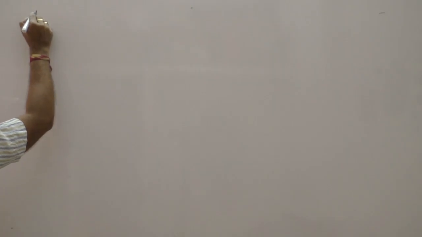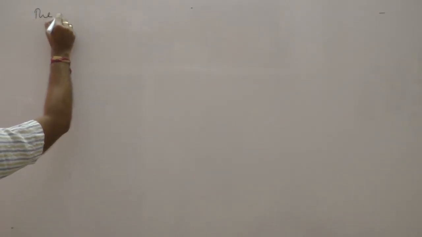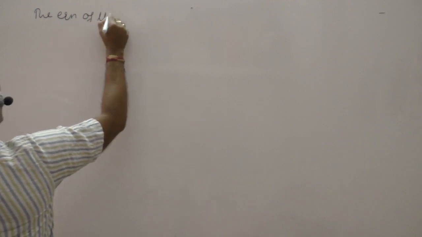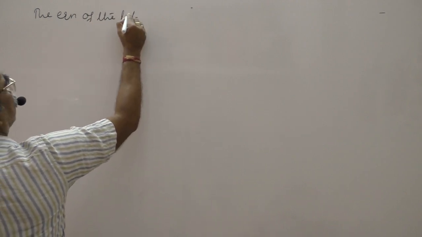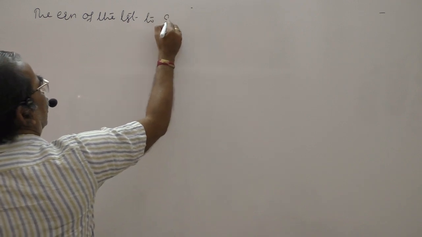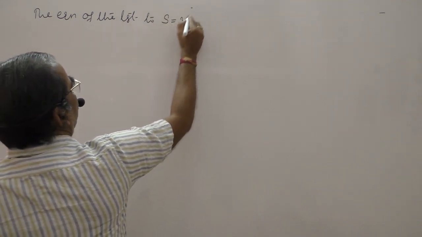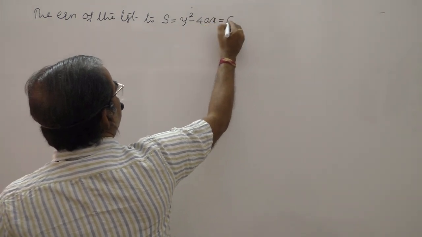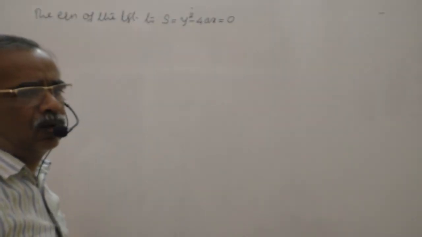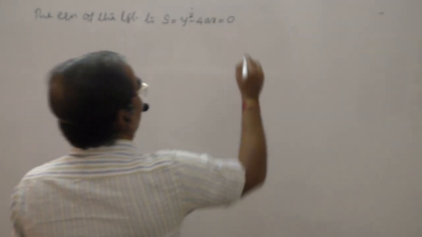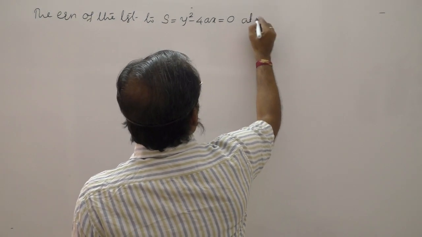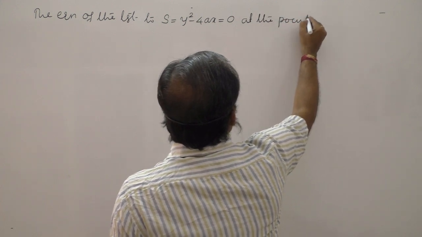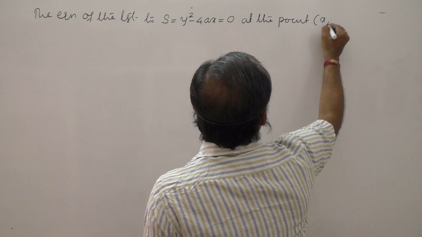Listen now. The equation of the tangent to the parabola y² = 4ax. I denote the curve by S, so I can write S = y² − 4ax, at the point (x₁, y₁).